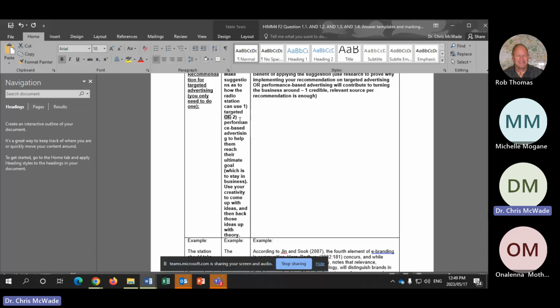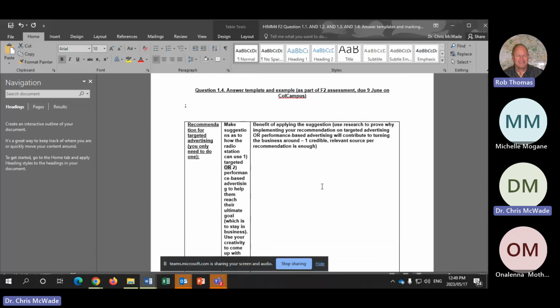So this little shift is to say in this answer, you no longer have to talk about both, because there are two different things, and to have two different things in the same answer and cover them both is a bit hectic. So this is what this template looks like.